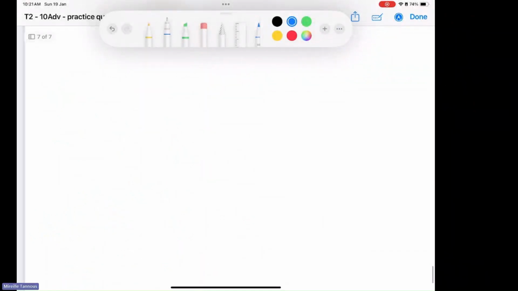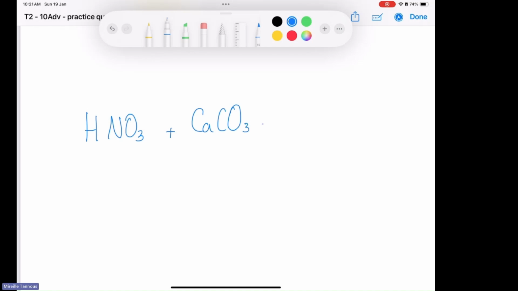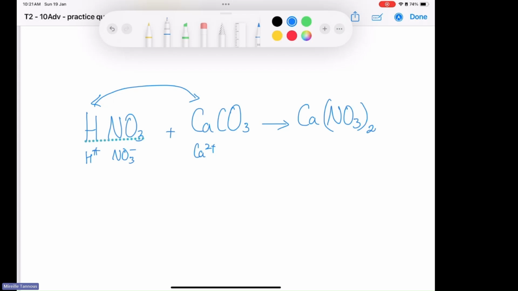Okay, so here I'll show you how this changes. I need just space and I'm going to write it over here. HNO3 plus CaCO3. I'm going to replace these two. So it becomes Ca(NO3)2. Why? Because this is H plus, this is NO3 minus, this is Ca 2 plus, and this is CO3 2 minus.